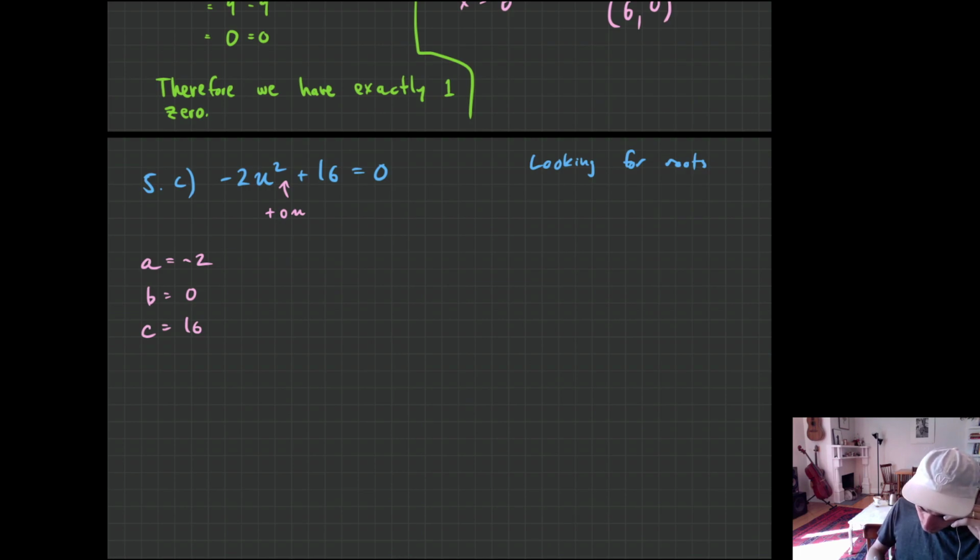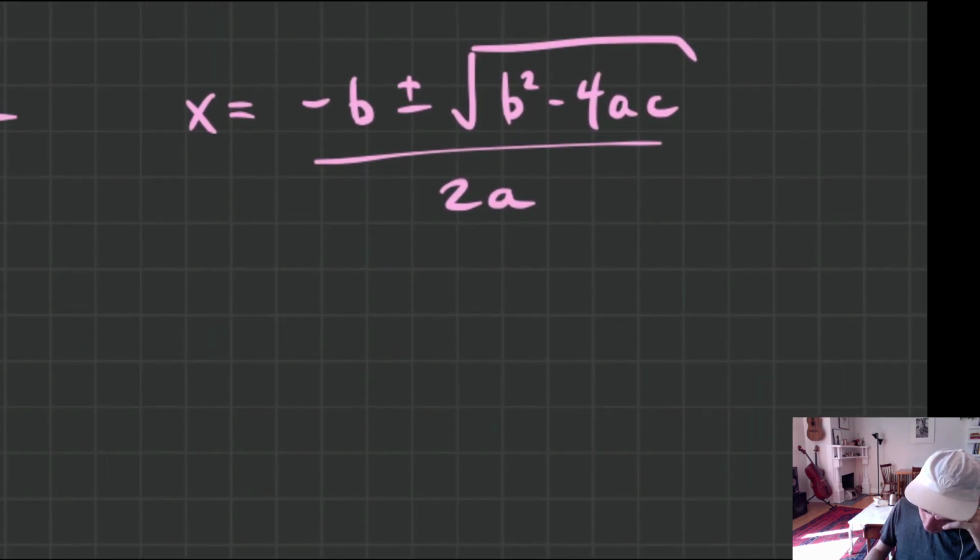If we're looking for the roots, then we're going to use the full-blown quadratic formula. We're not looking for the number of roots. We want the actual roots. We want their values. So the roots are the following: negative b plus or minus the square root of b squared minus 4ac all over 2a. Here, I'll make this a little bit bigger for you.